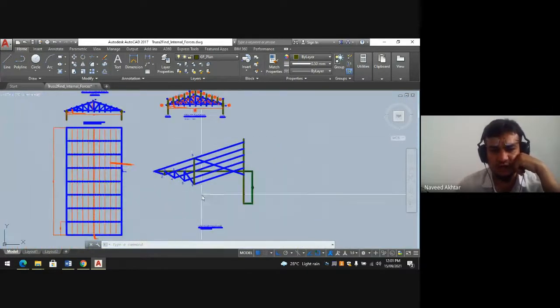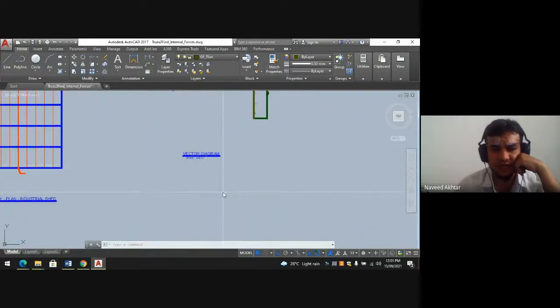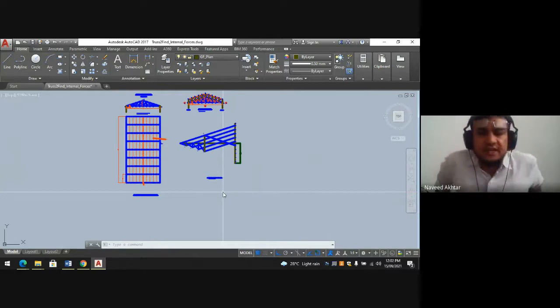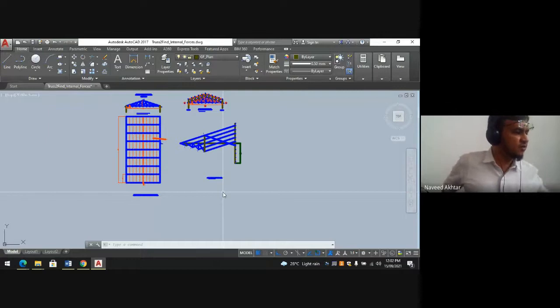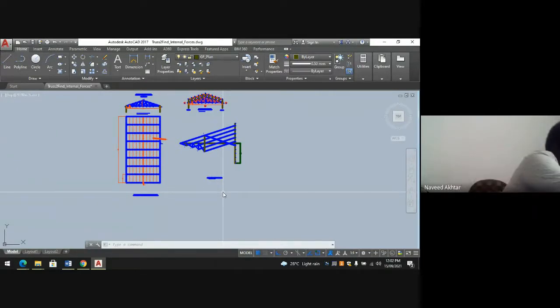Otherwise, you can draw. This is nothing but the vector diagram, and from the vector diagram, we can draw a force table for dead load, for live load, for wind load. This is the vector diagram for the dead load.